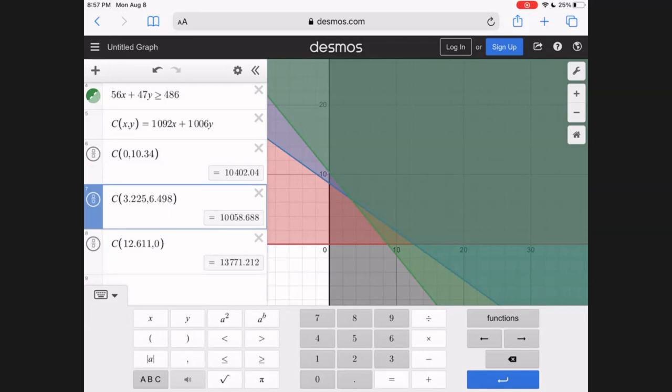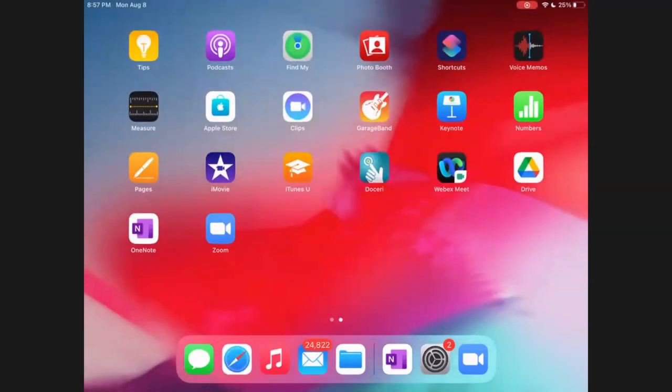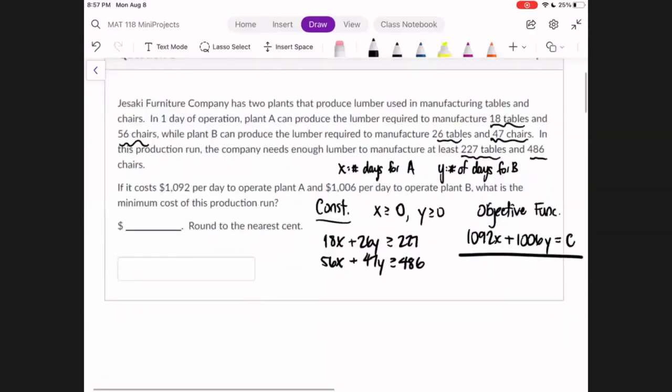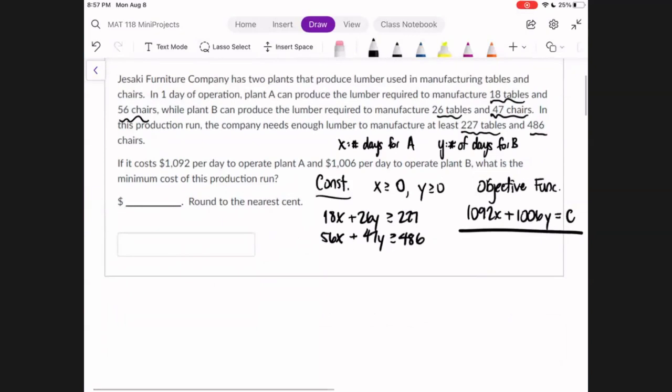So if we go back, we see the question: what is the minimum cost, rounded to the nearest cent?